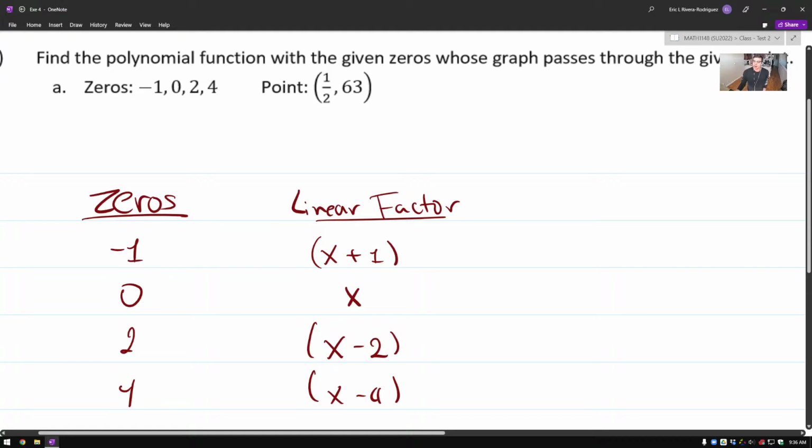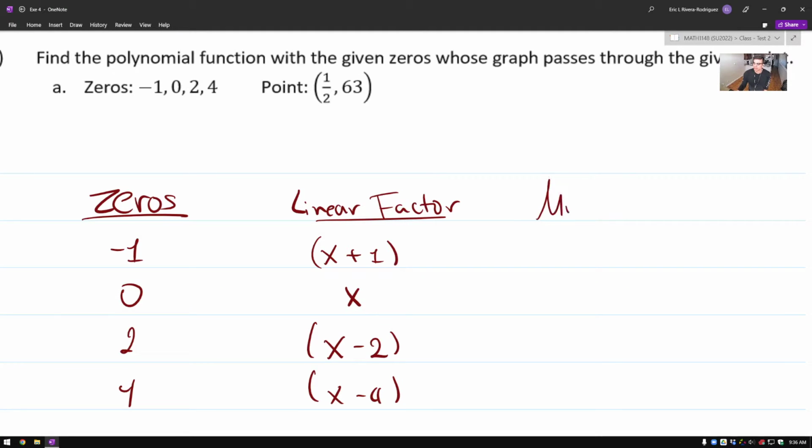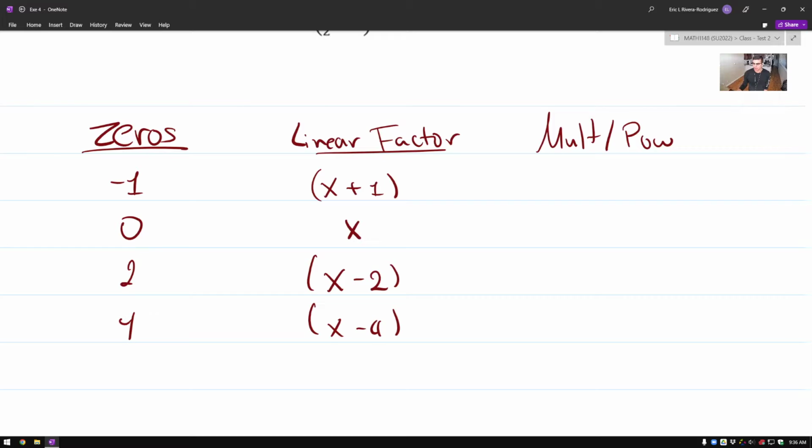So what about their multiplicity or the power? What we know is that the exponents or the multiplicity of the zeros is related to the degree. But we don't have an actual degree. So in this case, we have freedom to choose whatever we want in terms of their multiplicity.